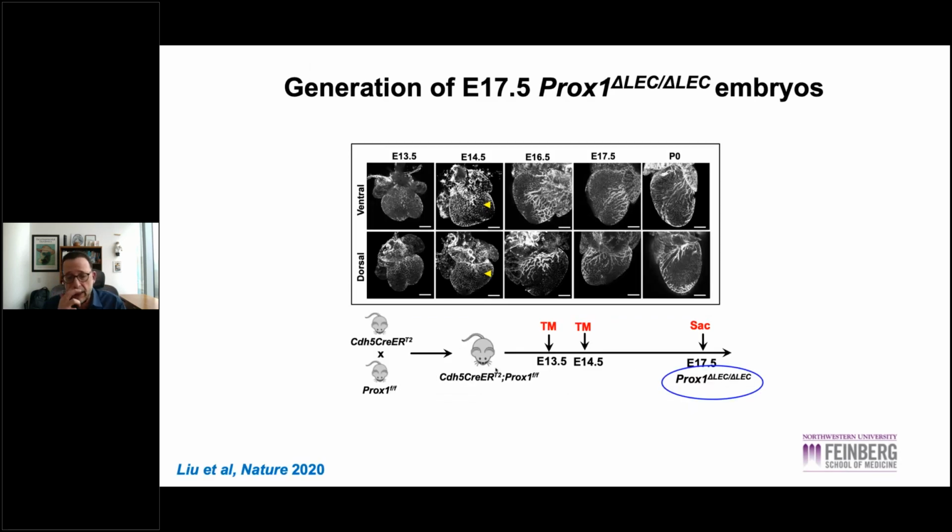What Xiaolei decided to do was to take advantage of our Prox1 conditional mice and delete it at the moment in which lymphatics start to invade the heart, meaning tamoxifen injection around E13 and 14.5 using VE-cadherin Cre, and then analyze the null conditional mouse at E17.5.